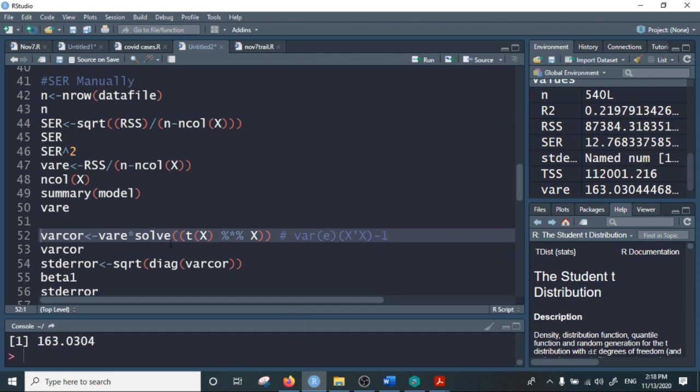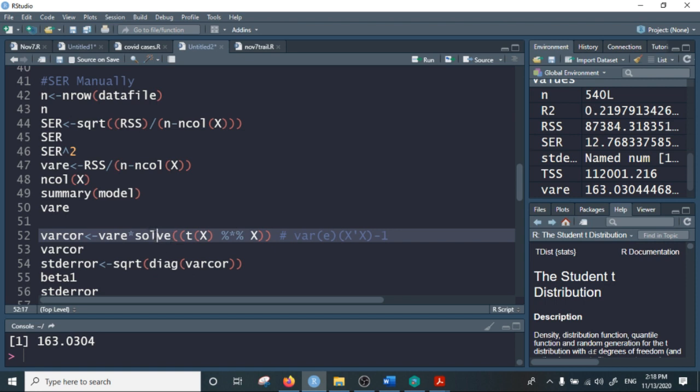So after finding the variance of error term, we define the variance covariance matrix as variance of error term times the inverse of x transpose times x. So as I said before, we can find x transpose in a separate line of command, then multiply x transpose by x in a separate line, and finally find its inverse.